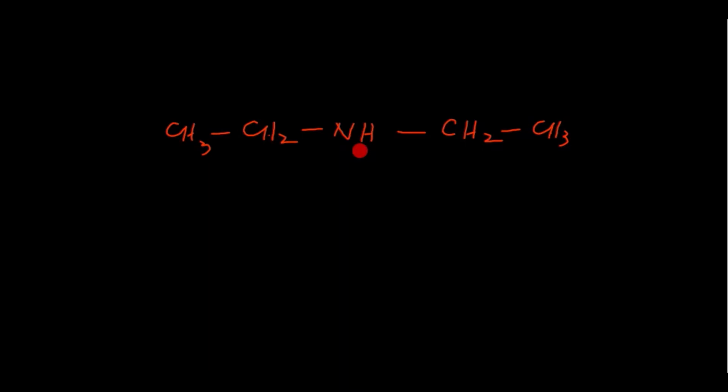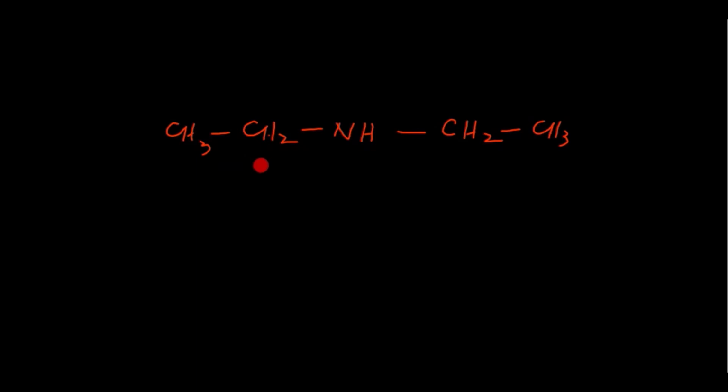Here we can notice on either side of amino group we have ethyl group, right? Both are same groups. So one alkyl group along with amino group is taken as parent chain. So what is the name of parent chain, students? It is aminoethane, while this is taken as radical.